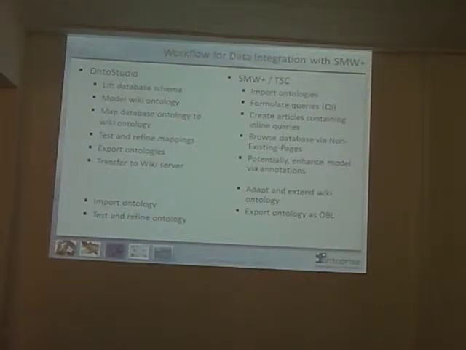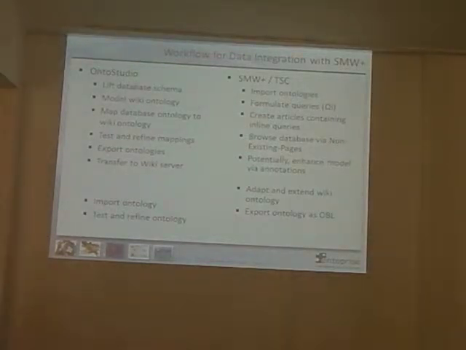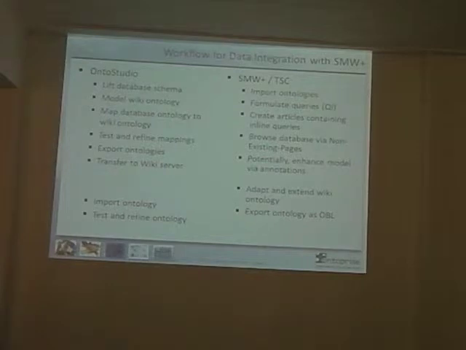OntoStudio is an ontology editor in the first place, but you can also do many other things with ontologies. And the database is not an ontology, but it has some schema information, and you can think that there are automatic means to translate the database schemas into an ontology. I will show it in 1 minute.